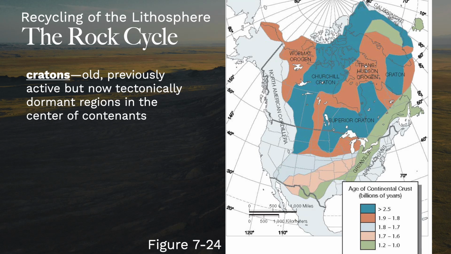Here is a figure showing you some of these cratons and where they're located, specifically the ages of the components of the North American continent, which reveal that the continent has grown by the amalgamation of very old cratons, followed by accretion of younger material onto the periphery of those cratons during plate collisions. So we start with this basically nucleation point of our old cratons, and then material is being added onto that over time.